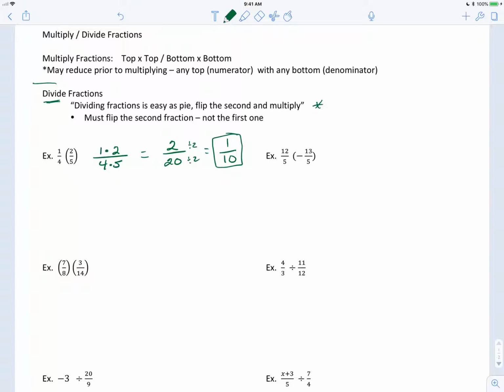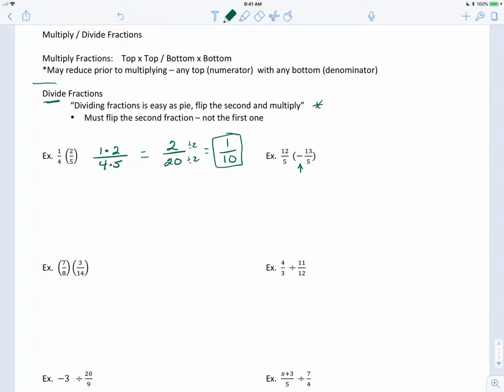Okay, so here we go, another one. So we've got 12/5 times negative 13/5. So remember, if that negative sign is inside that parentheses, that's a negative, it's not a minus sign. You still have one number with the parentheses next to another number, so that is multiplication.